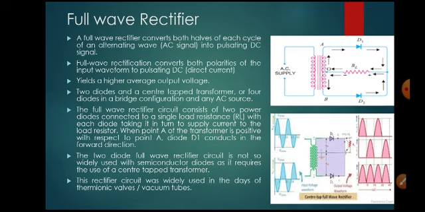Therefore, during the negative cycle of the input signal, diode 2 gives the output and diode 1 does not. So when the input is in the positive cycle, the output is from diode 1, and when it is in the negative cycle, diode 2 gives the output.